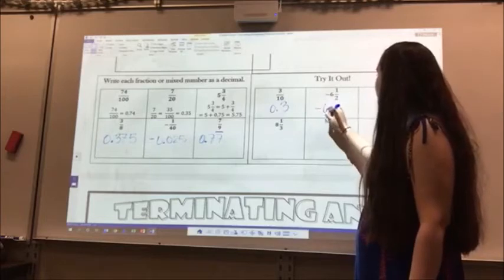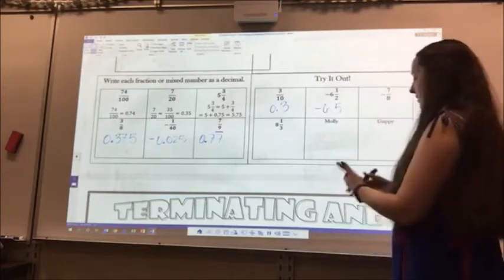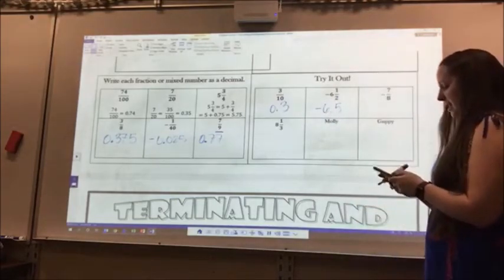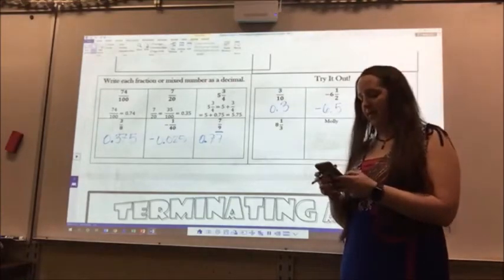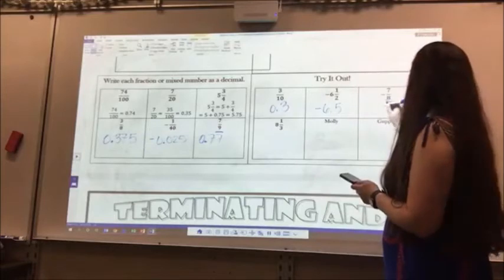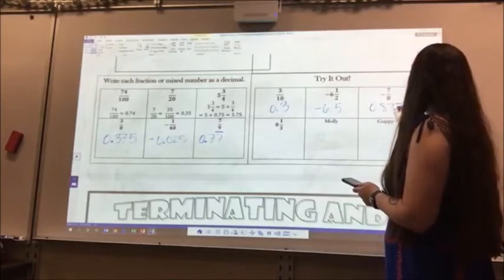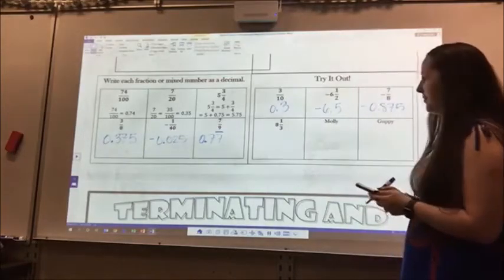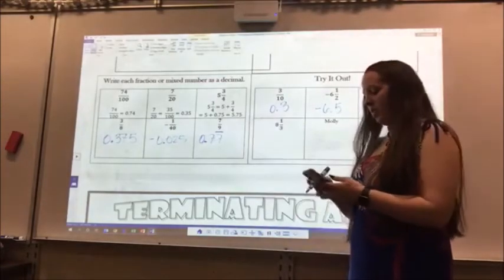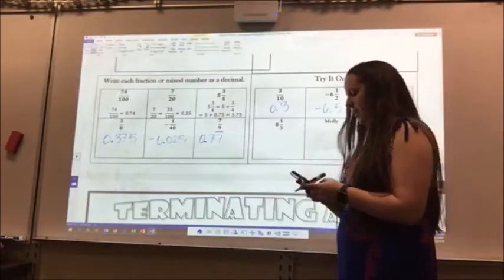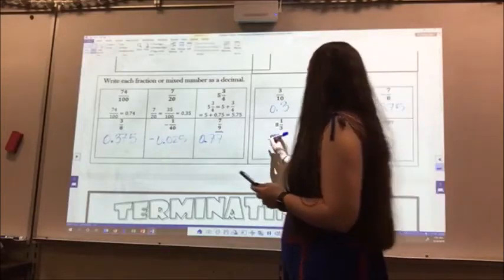So I get negative 6.5. Negative 7/8. 8 I cannot change to a power of 10, so I'm going to divide. 7 divided by 8 gives me 0.875. Okay, and there's a negative out in front. 8 1/3. I'm going to ignore the 8. 1/3 I can't change, which is 0.3 repeating.